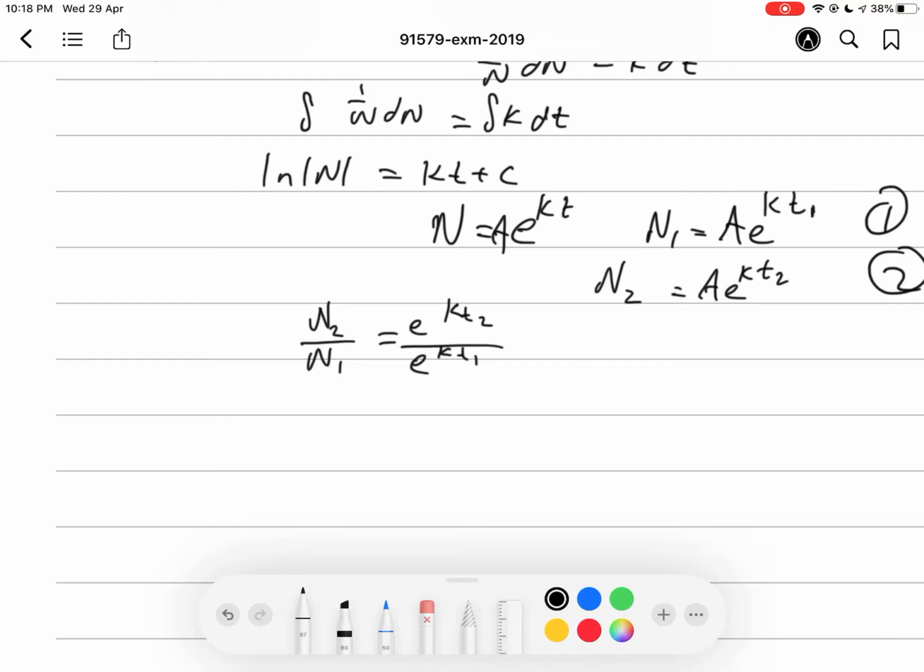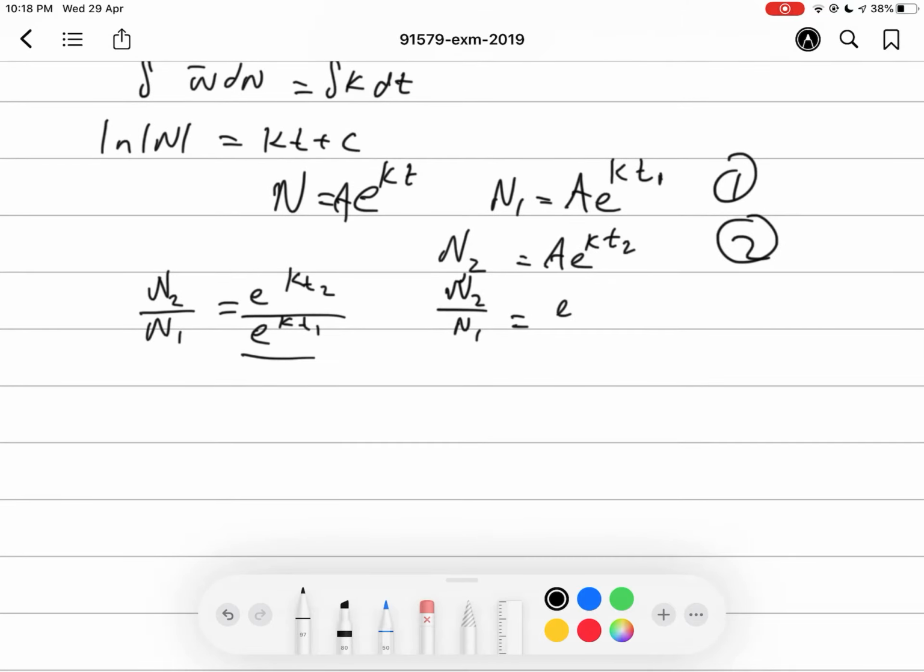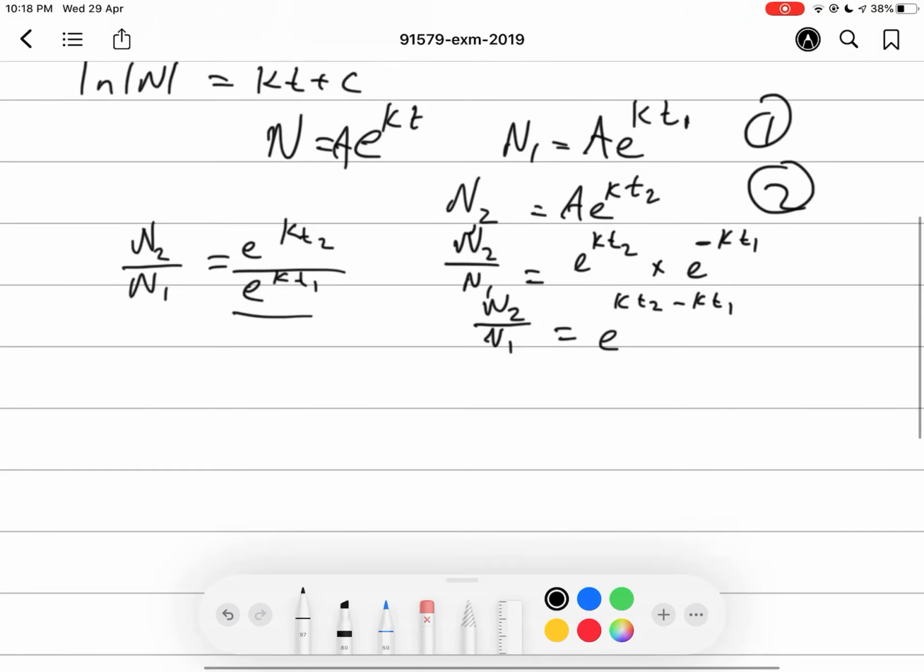We can shift the bottom to the top, so we have e to the power of kt2 multiplied by e to the power of negative kt1. When you multiply, you add the powers, so n2 over n1 equals e to the power of kt2 minus kt1.